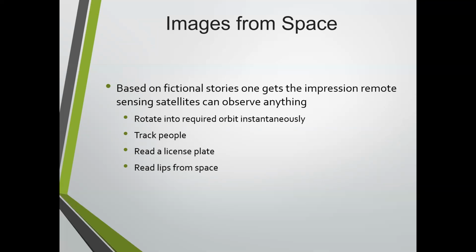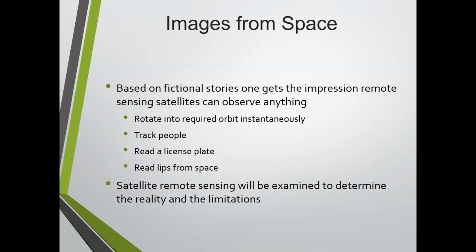But some of this is changing widely, and as we get better with our sensors, that may become reality. Just think about things that 20 years ago we thought really wouldn't happen, and how they're used now. So satellite remote sensing will be examined to determine what the real reality is.